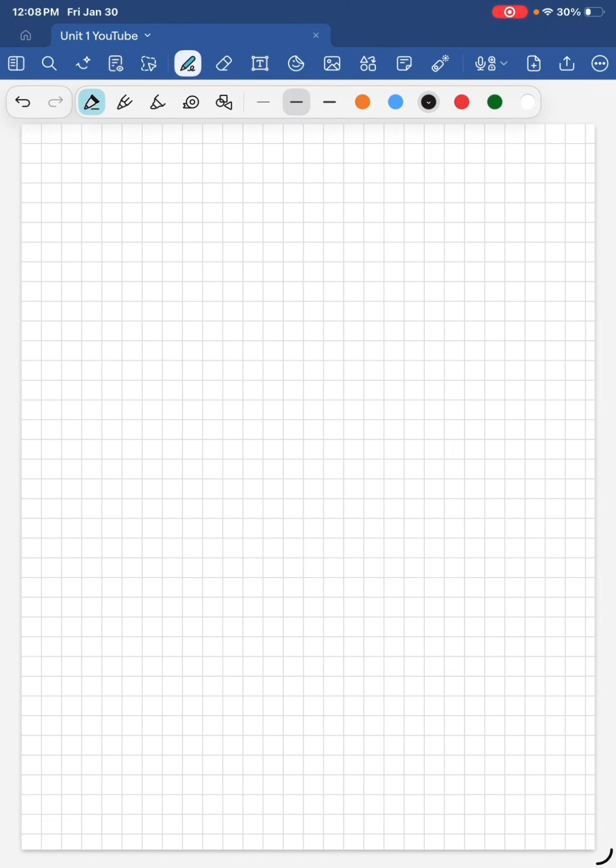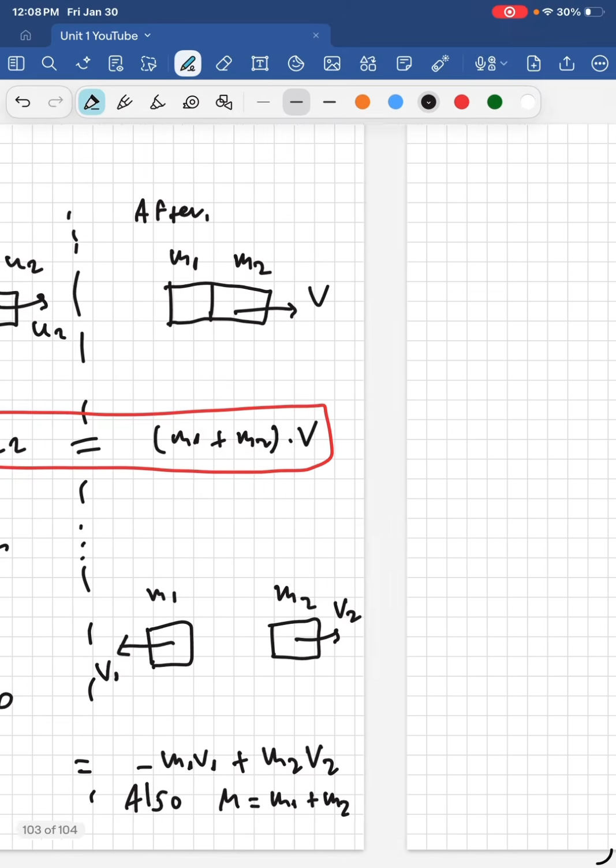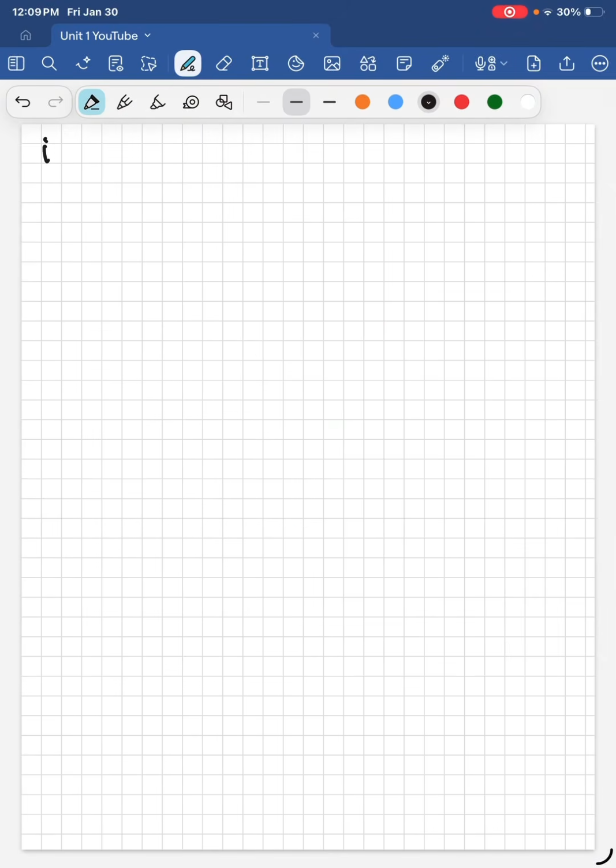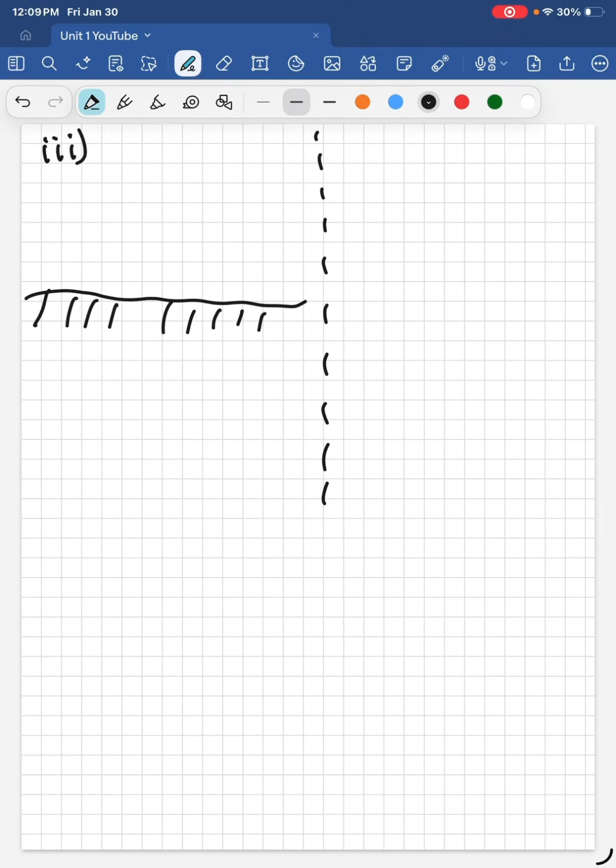Another common case, which is kind of identical to the situation we just talked about, is a man or a woman on a boat. So maybe we have some pond, and we have a small boat and a human.